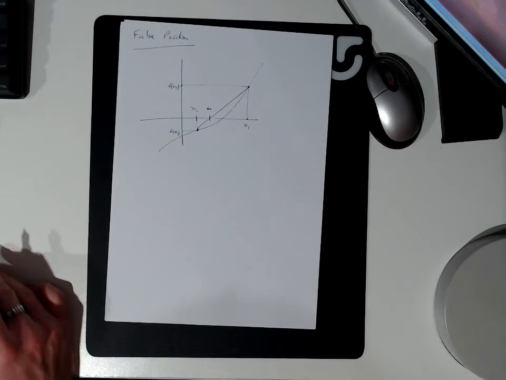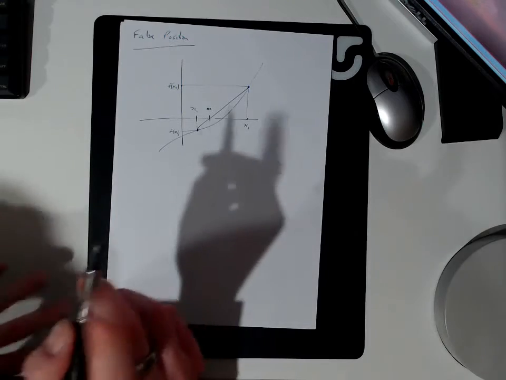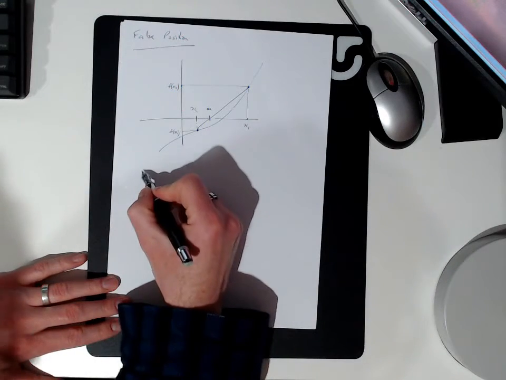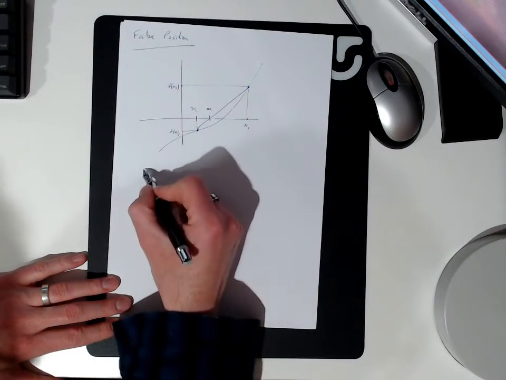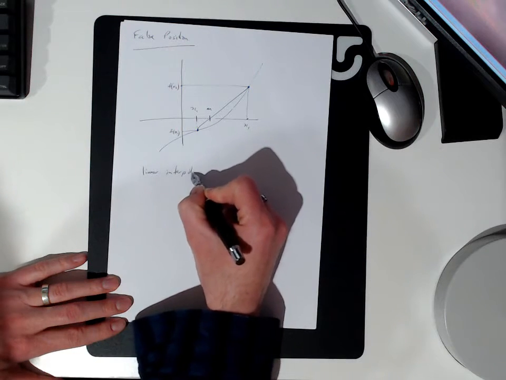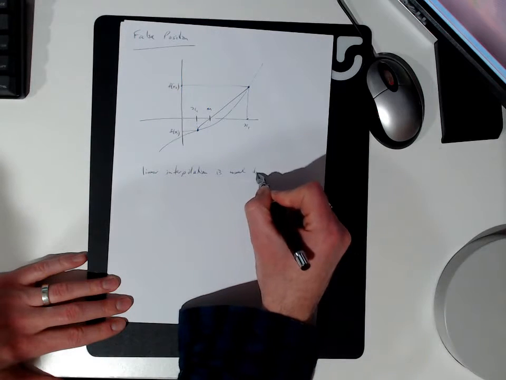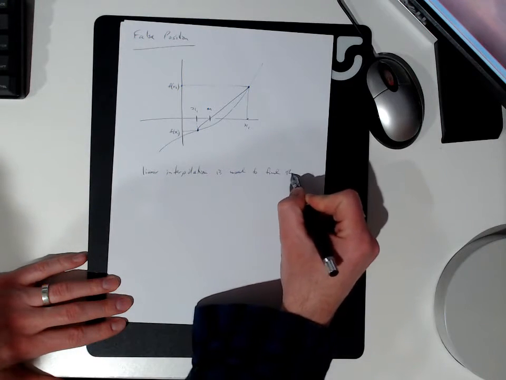Then exactly the same algorithm is used. So false position is exactly the same as bisect, except that linear interpolation is used to find the next best estimate.